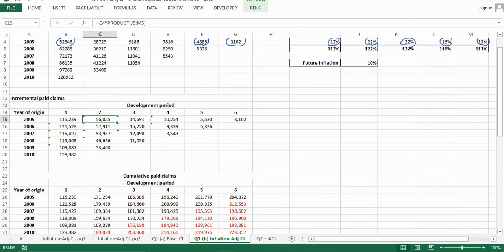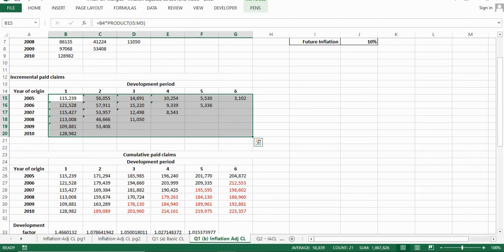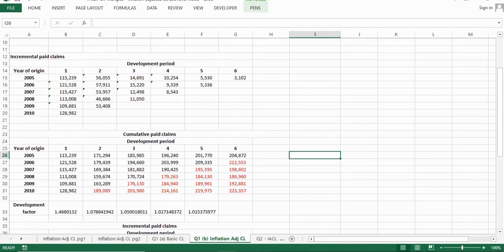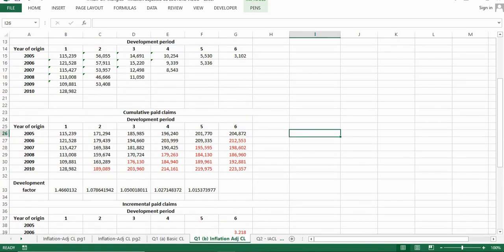Okay, so this table is a table of incremental paid claims, but adjusted in terms of inflation, uplifted to the year 2010. Okay, now we can apply the basic chain ladder method on this inflation adjusted paid claims. Okay, so we need to accumulate these values.